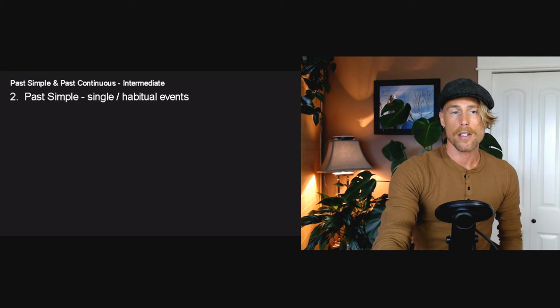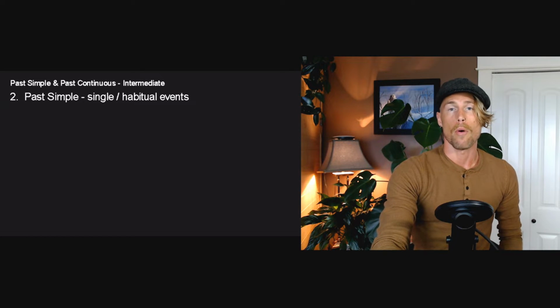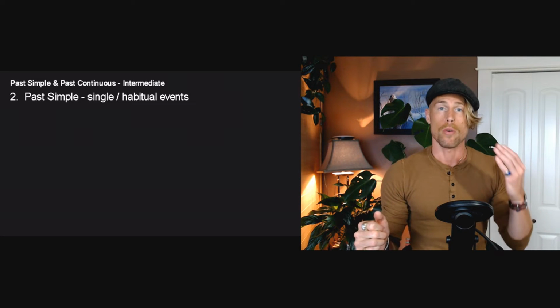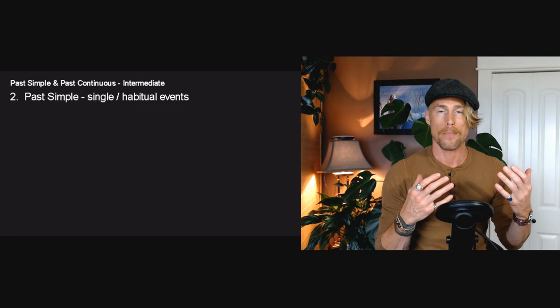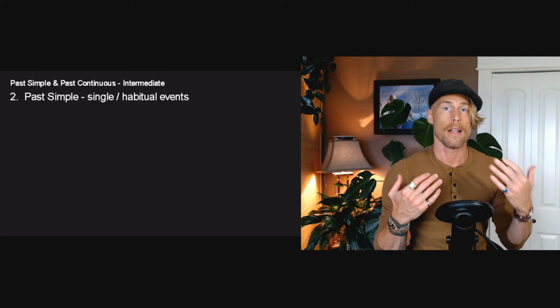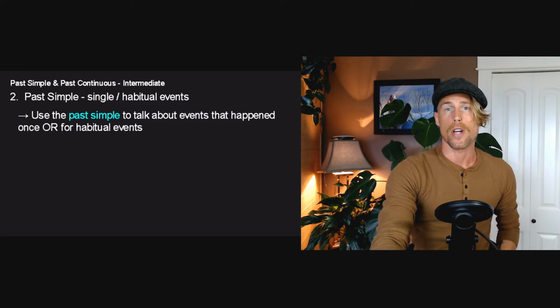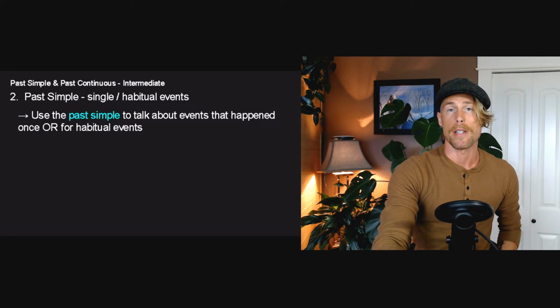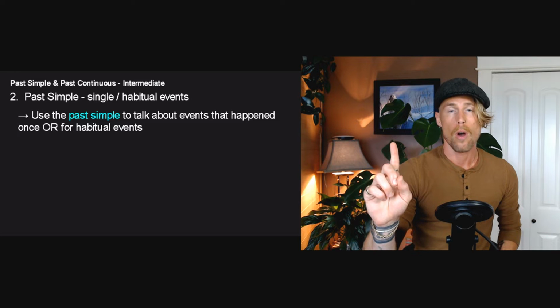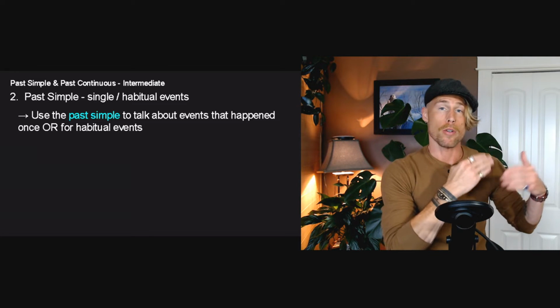Okay, let's look at past simple for single events and habitual events. Habitual means habit. So habit is a noun and habitual is an adjective. Use the past simple to talk about events that happened once or habitually.